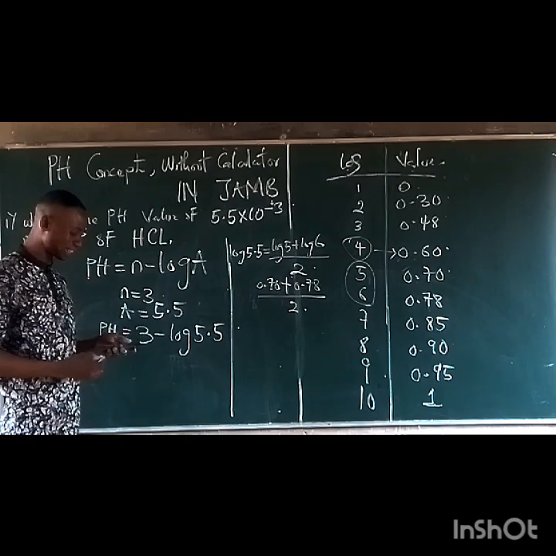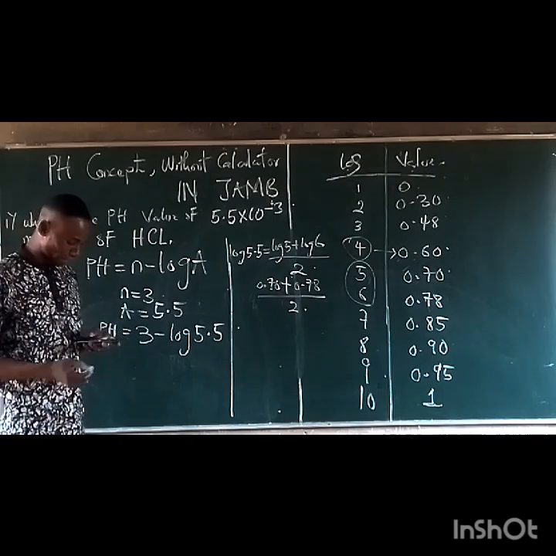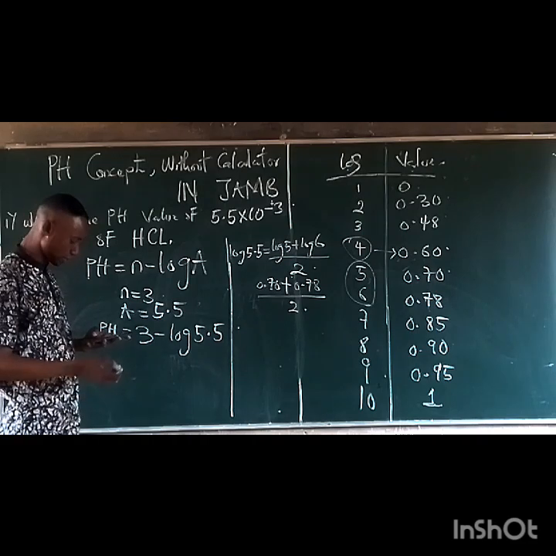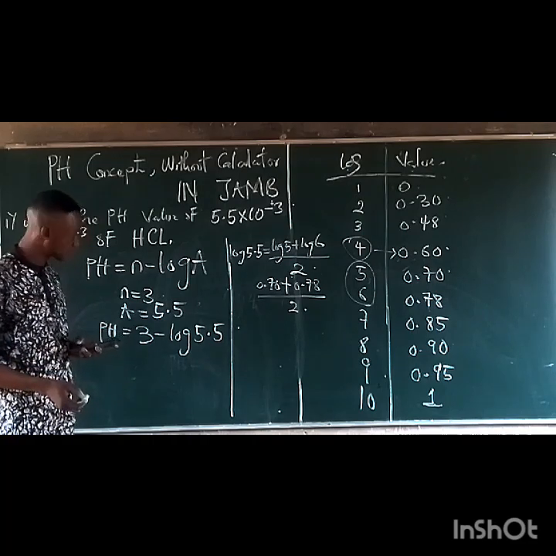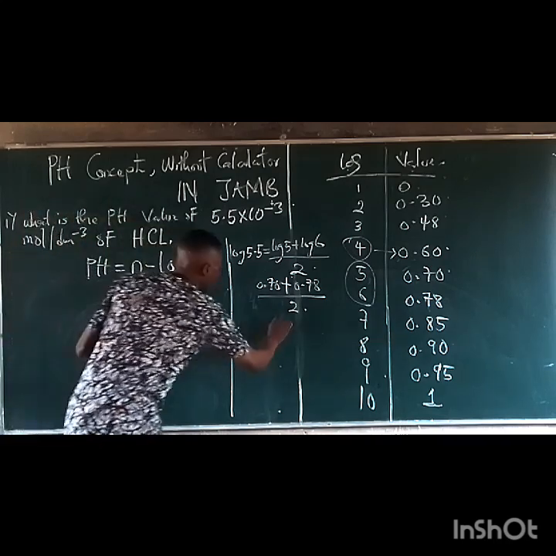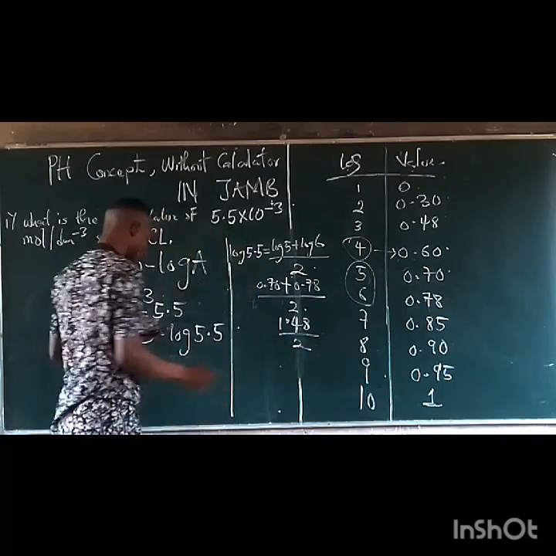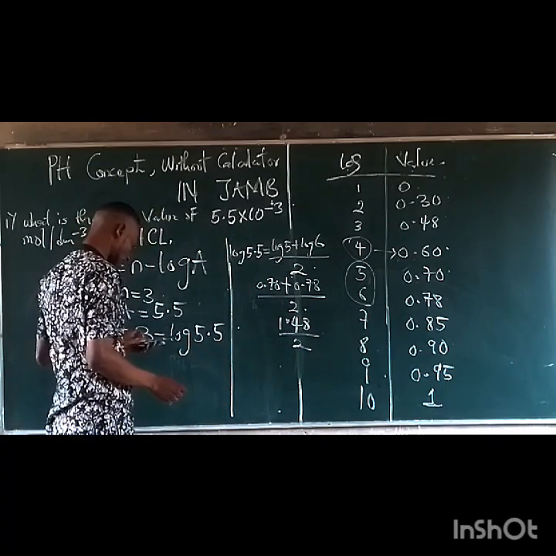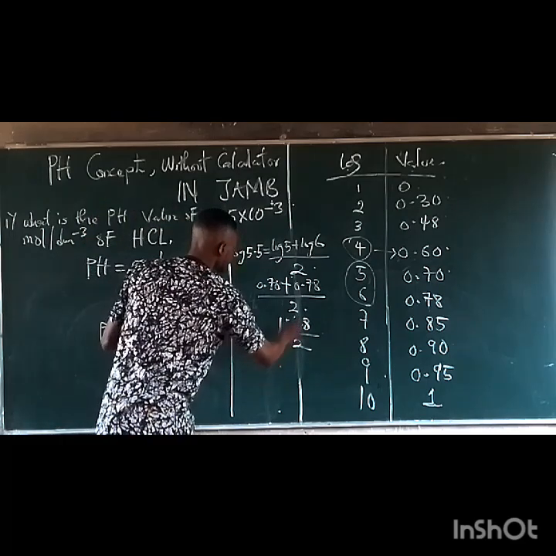The function to add is in the JAMB calculator, so we don't have a problem with that. So 0.70 plus 0.78 gives you 1.48, divided by 2.